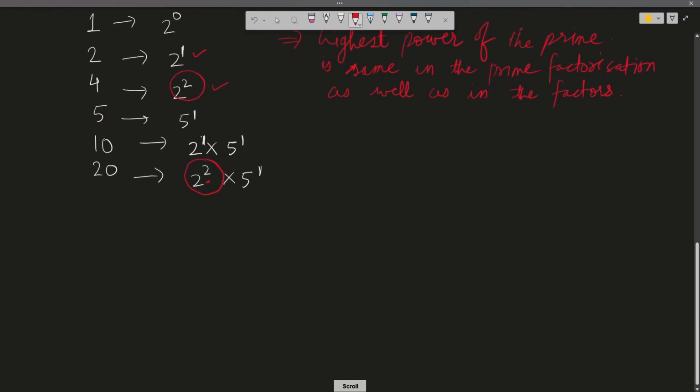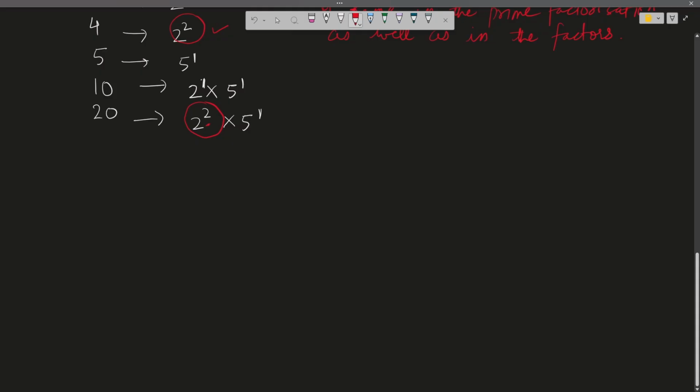To understand it more precisely, the factors are 1, 2, 4, 5, 10 and 20. Or we can say 1 can be written as 2 to the power 0 into 5 to the power 0. 2 can be written as 2 to the power 1 into 5 to the power 0. 4 can be written as 2 to the power 2 into 5 to the power 0.